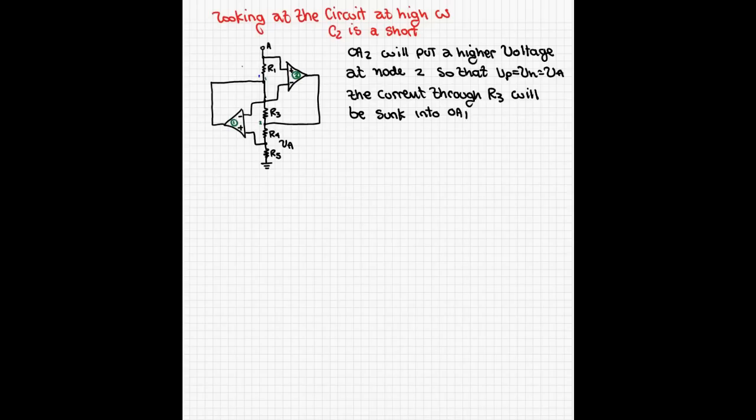Therefore what we have, if we were to put an ammeter right here, so a little ammeter in series into A, what we have will be that at omega going to infinity, this element will look something like this.